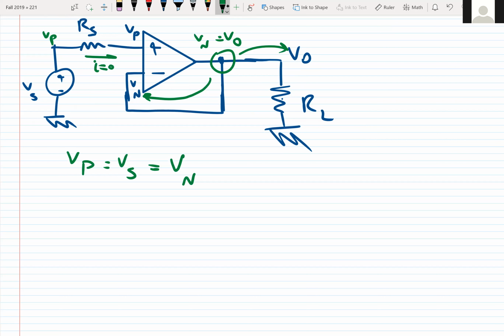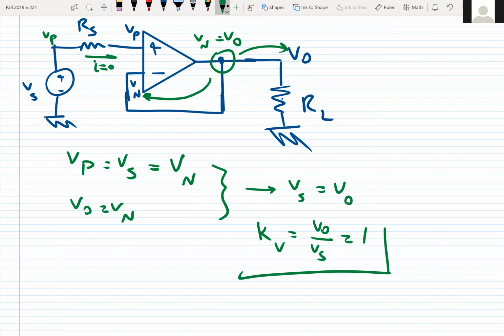So VO is equal to VN. If we put all this together, we see that VS is equal to VO. What is KV? KV, of course, is VO over VS, which is equal to 1. So this one is a buffer circuit.